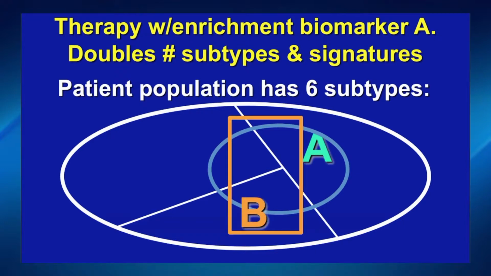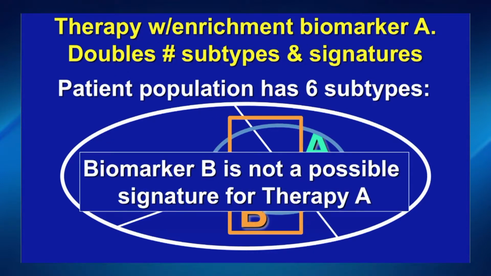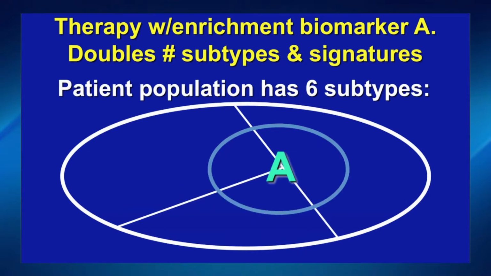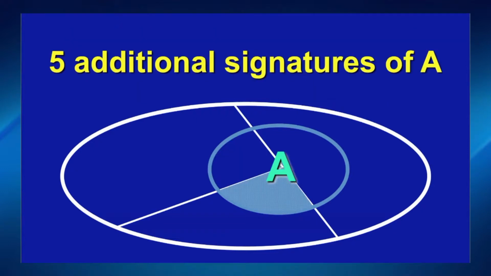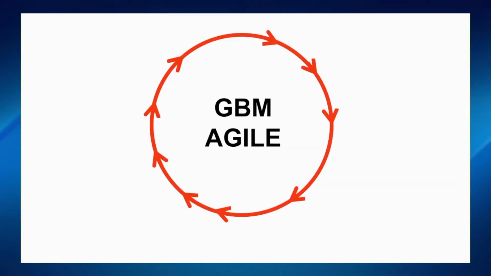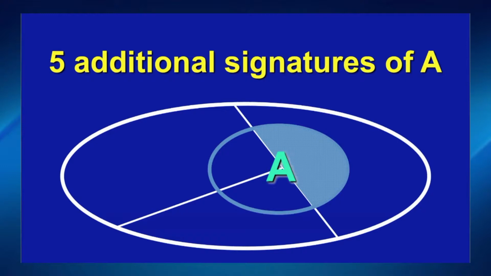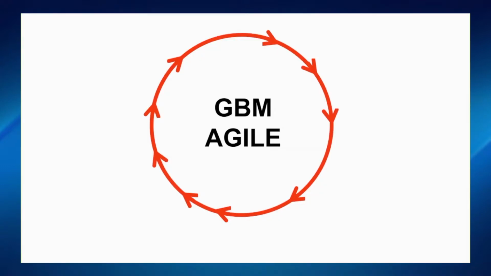I'm going to ignore the B biomarker, just consider the A biomarker. Then there are additional subtypes and additional signatures. You can have a signature that's the biomarker positive, a signature that's the biomarker positive recurrent, a signature that's the biomarker, I'm skipping over those others.